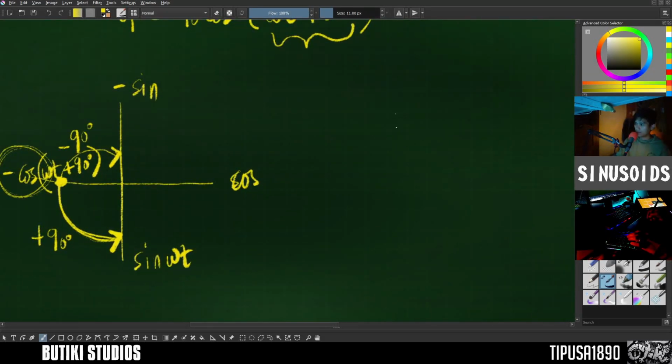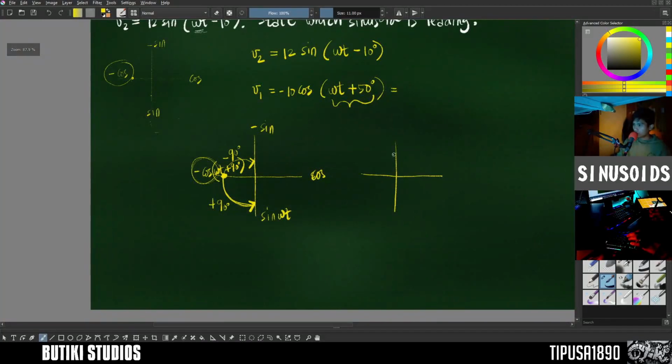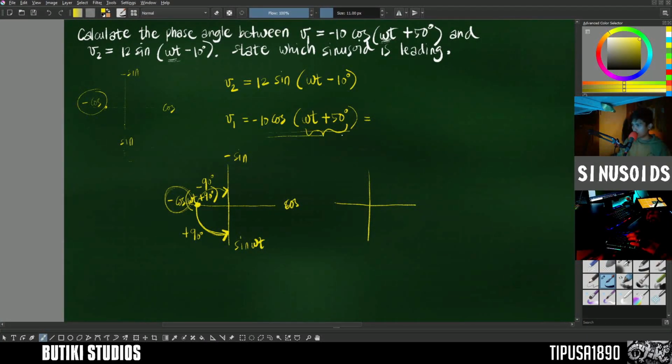But this is another case because we are already given an angle, but we need to make this look like sine. So by doing this, imagine this is our destination. Since it is negative 10 cosine, we need to convert it to sine.